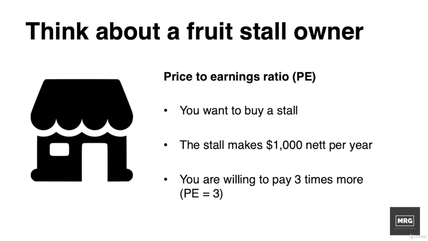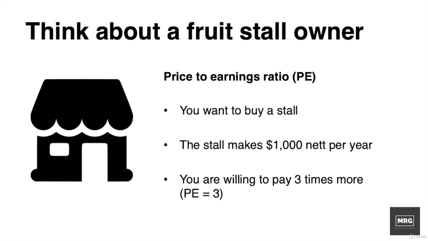In the example of a fruit store owner, how do we look at price to earnings ratio? For instance, let's say you want to buy a stall in the marketplace. You look for a stall and you find one that makes $1,000 net per year. Typically for private businesses, people are willing to pay 3 to 5 times more based on its current earnings.